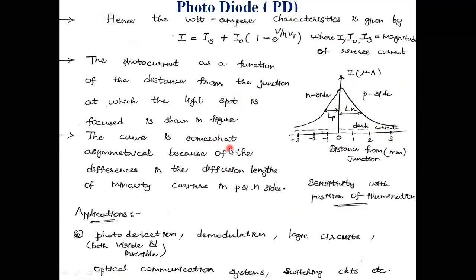The curve is somewhat asymmetrical here, because of the difference in the diffusion lengths. The diffusion lengths of P type and N type semiconductor material are different here.